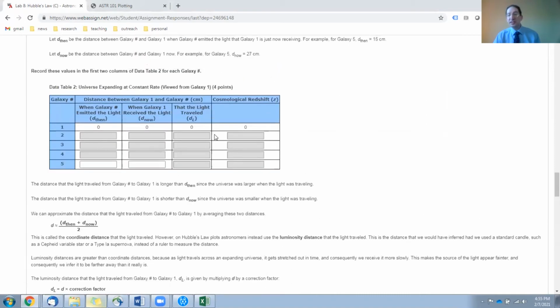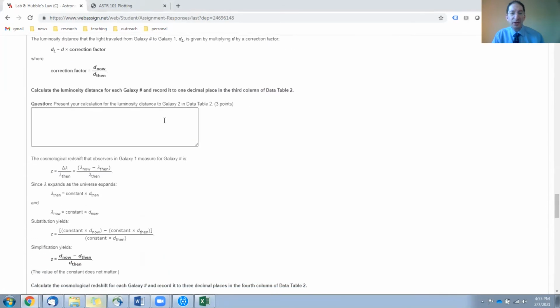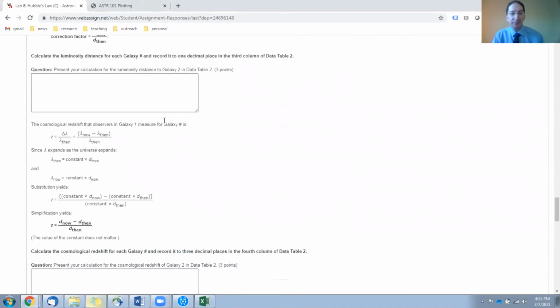So coming back up to this table, in the third column, we're going to put the luminosity distance. And remember, to get that, first you average D then and D now, and then you multiply it by the ratio of D now over D then. So calculate those values, put them in here, put a sample calculation here.